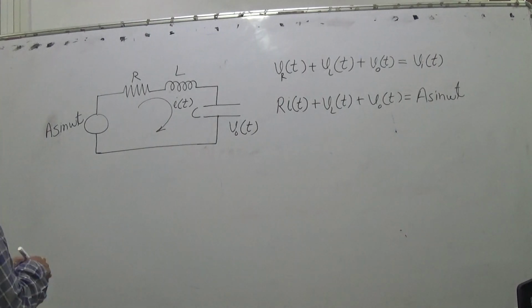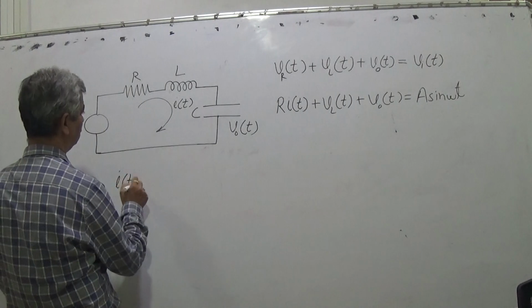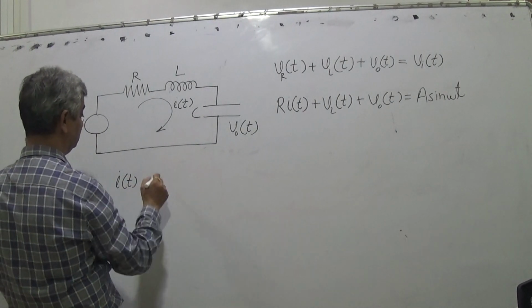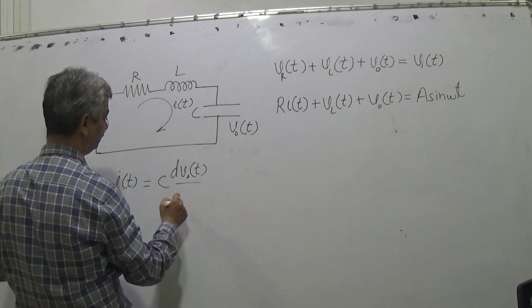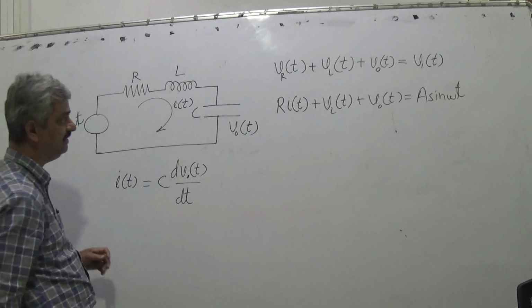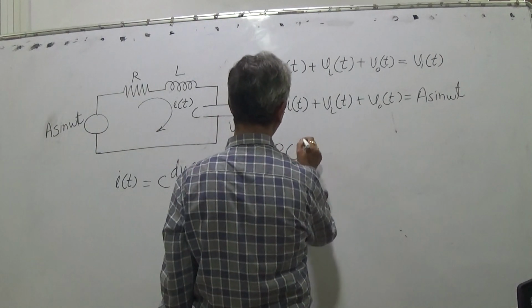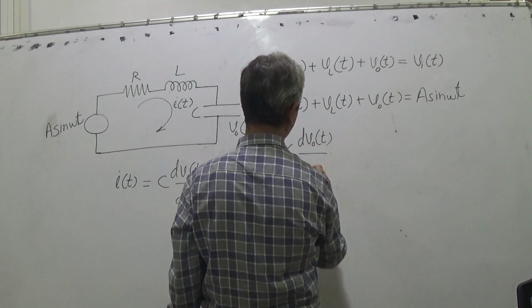Then what is i(t) for the capacitor? i(t) is C dVo(t) by dt. So I write R C dVo(t) by dt.